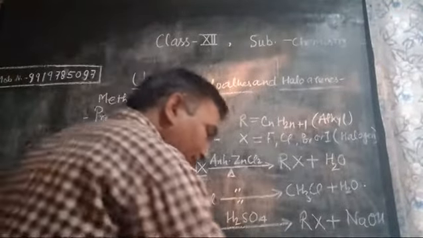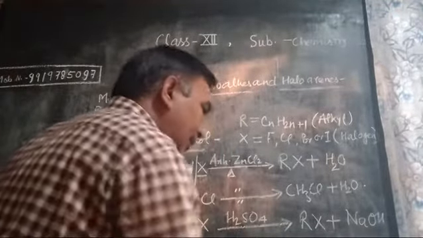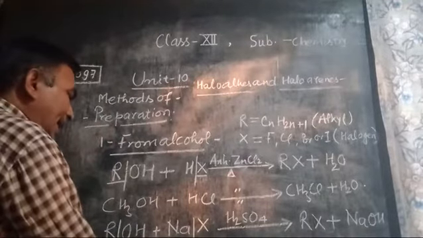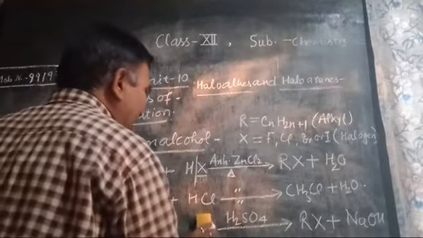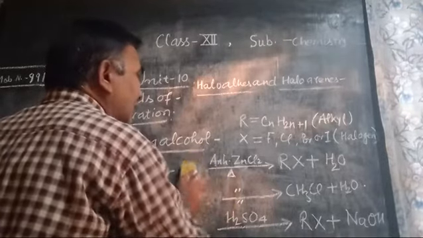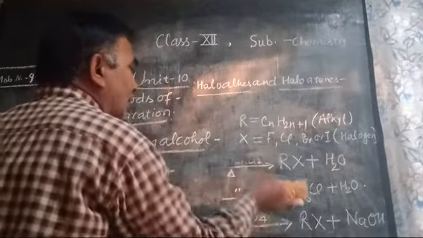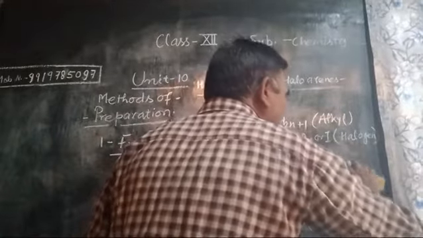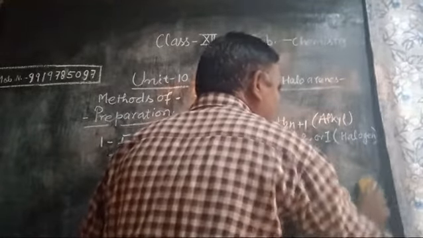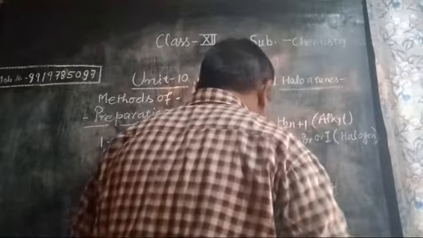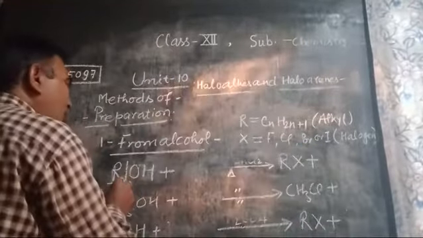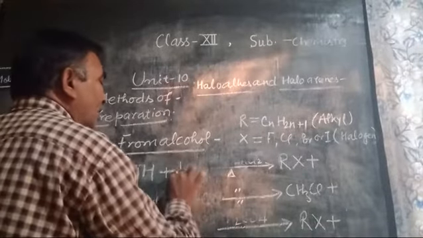Now, if we use phosphorus halides, they also take part in chemical reactions with alcohols, forming the corresponding halides as expressed in the following reactions. Alcohols are treated with phosphorus halide.